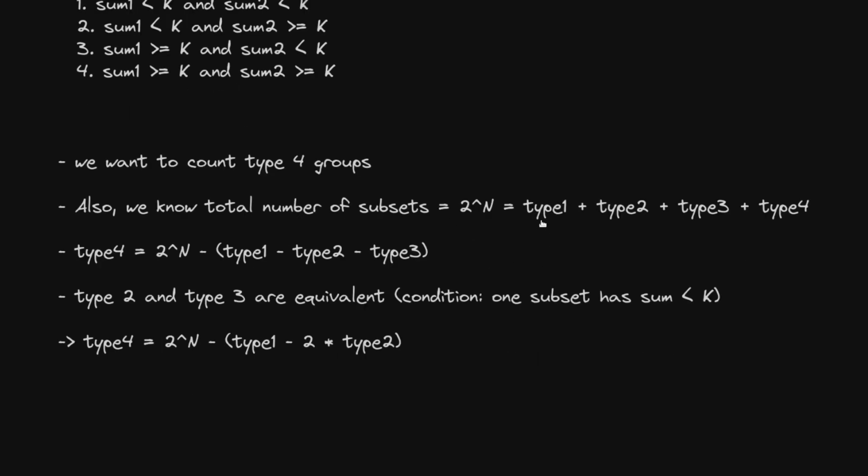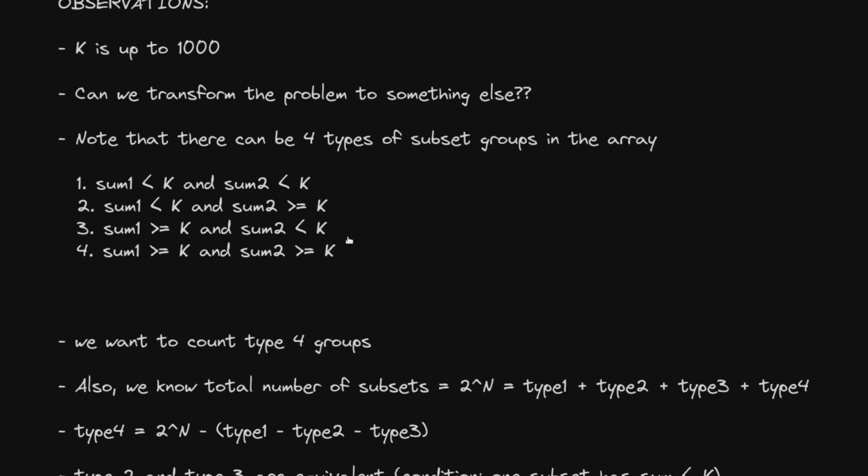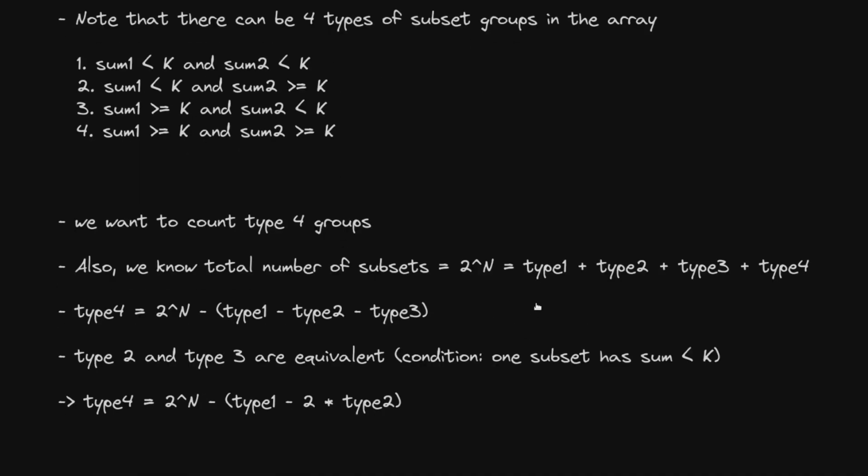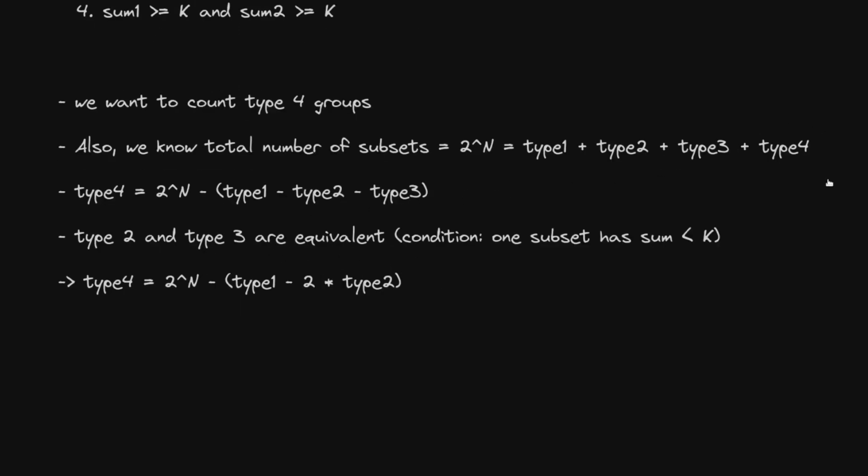And since these 4 types consider every subset in a mutually exclusive manner, the count of subsets will be the sum of the counts of the individual group types. From this we want to find the type 4 count, which can be derived from 2 raised to n minus type 1, type 2 and type 3 subtracted from it.